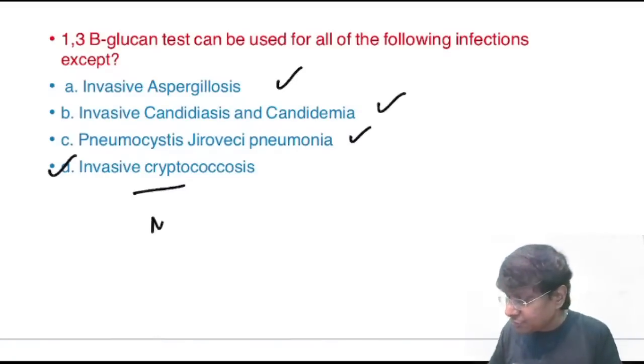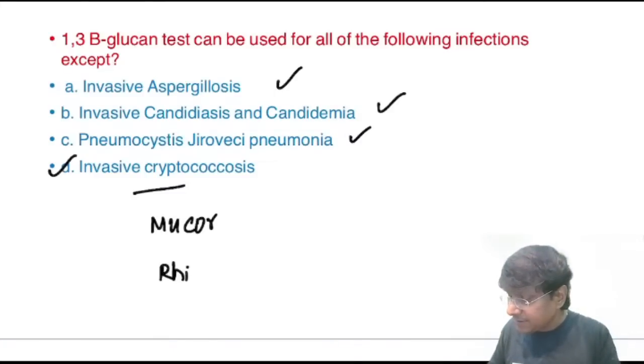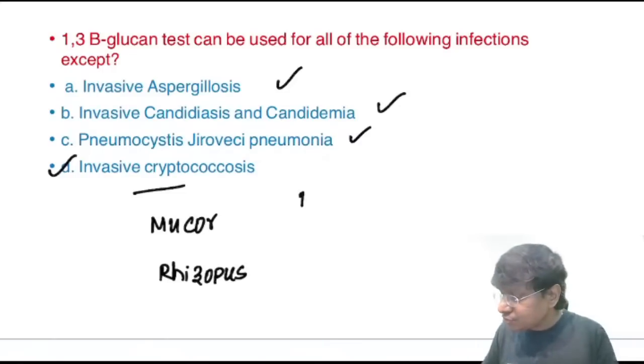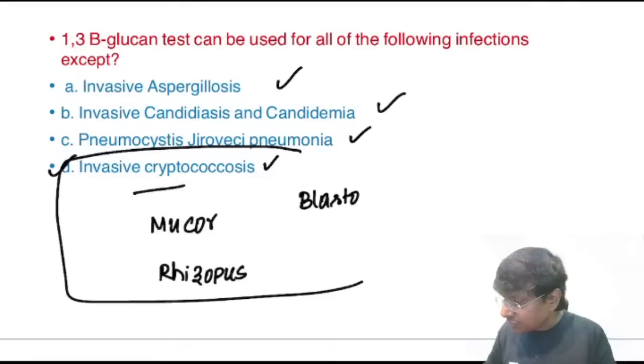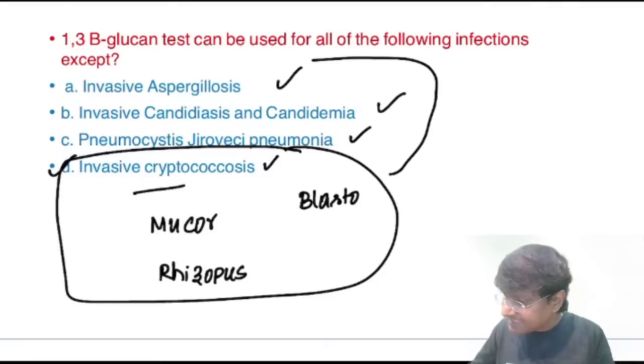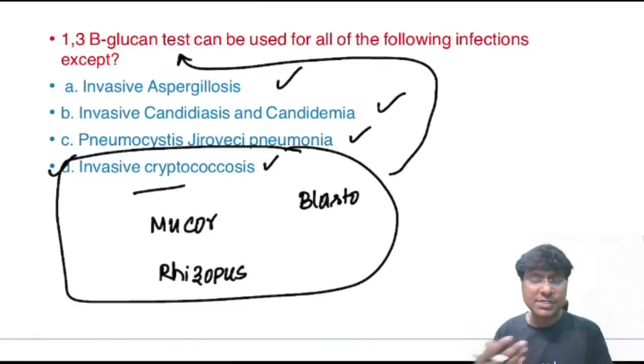It is also not useful for mucor, rhizopus, blastomyces, and Cryptococcus species. So in all these organisms, please remember the beta glucan test is not useful for the diagnosis. But for Cryptococcus, then what do we use?